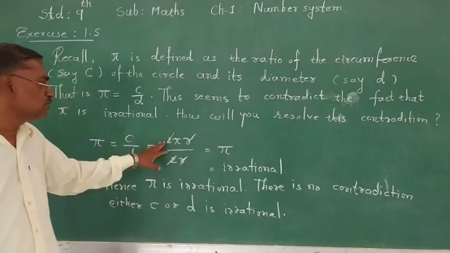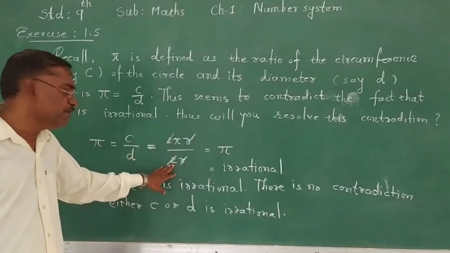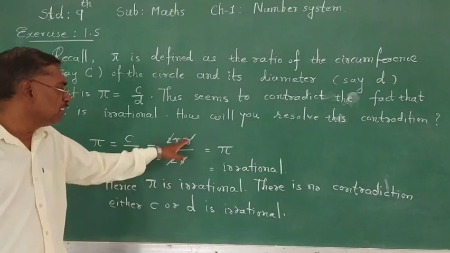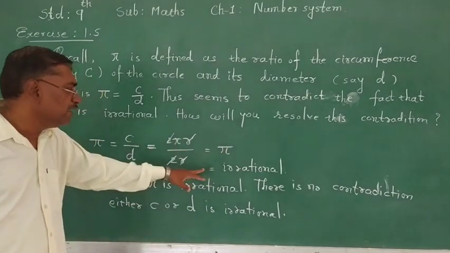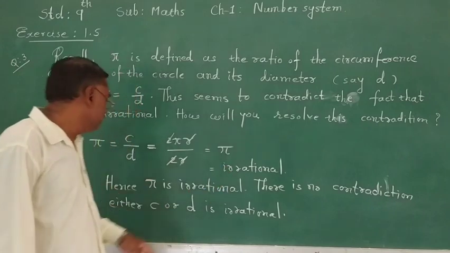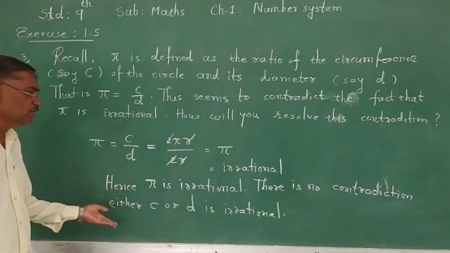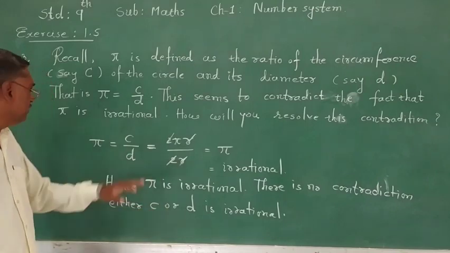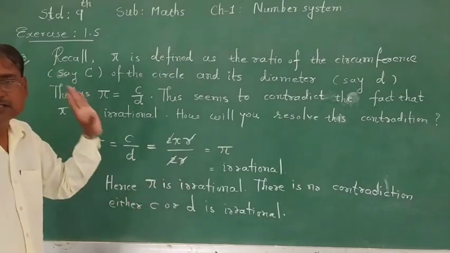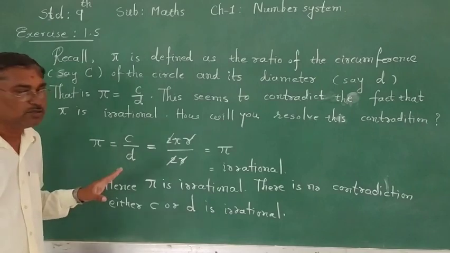So the circumference of the circle is 2 pi r and the diameter is 2r. 2 will be cancelled, r will be cancelled, we will obtain pi. And we know that pi is irrational. So there is no contradiction about C and D. Either it is irrational. Okay, write down in your notebook.